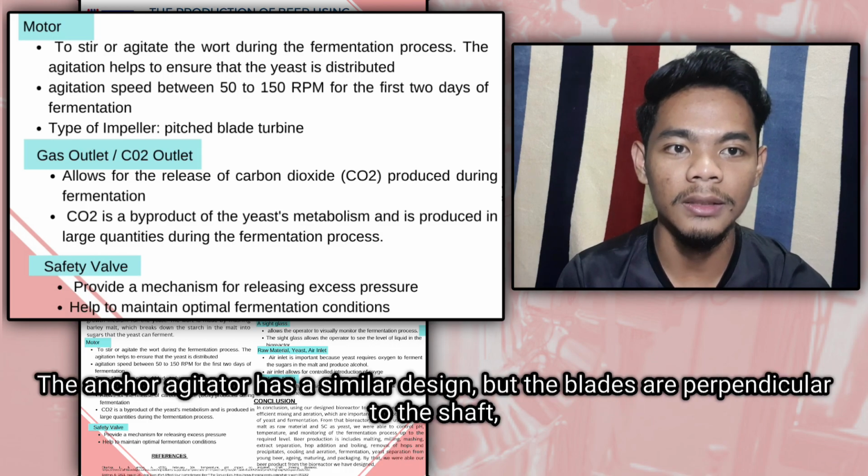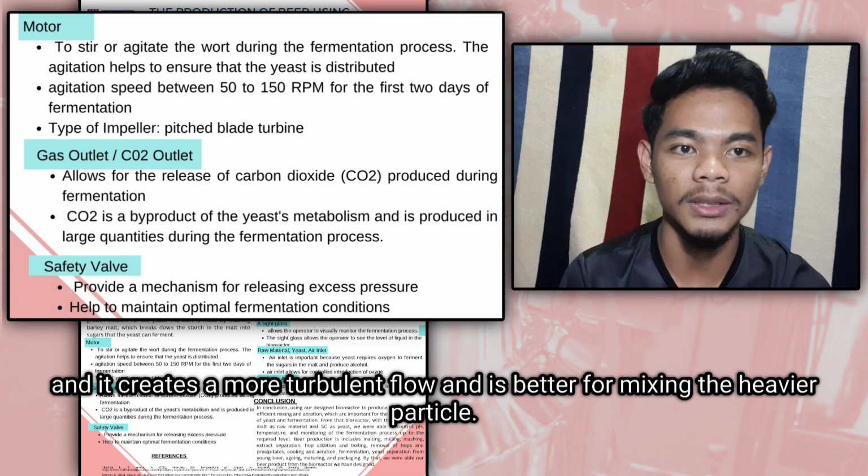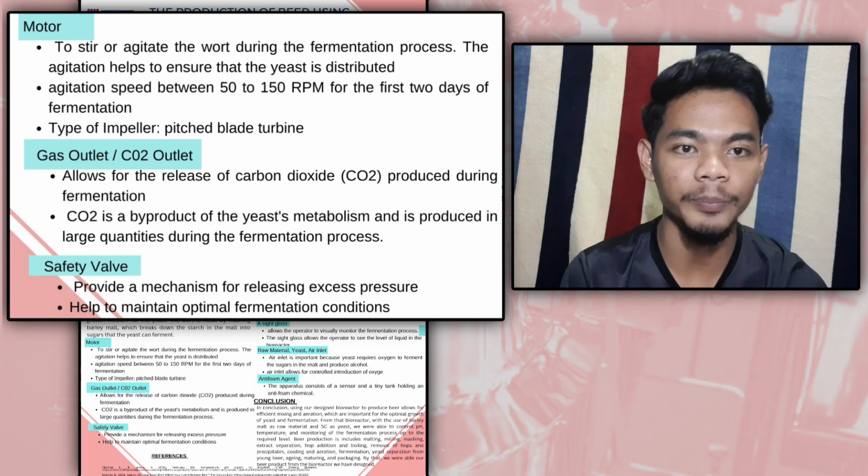The anchor agitator has a similar design, but the blades are perpendicular to the shaft, and it creates more turbulent flow and is better for mixing the heavier particles.